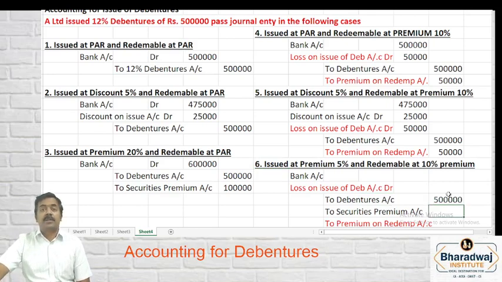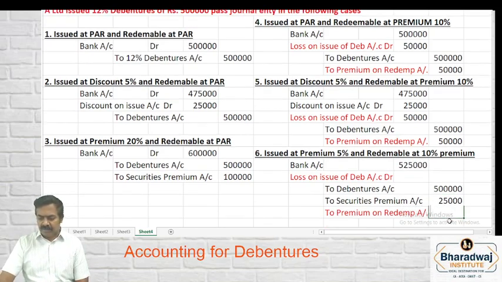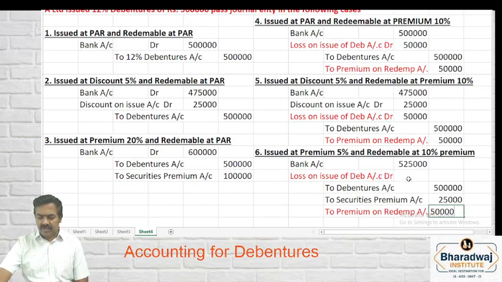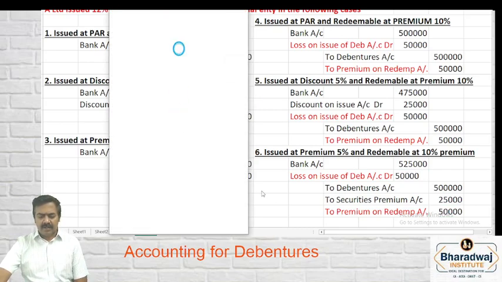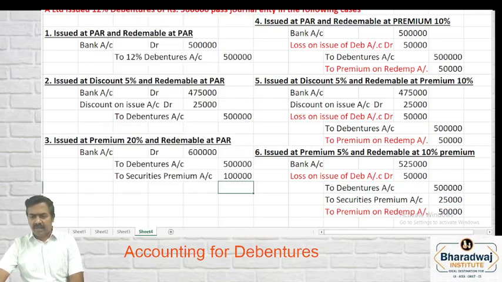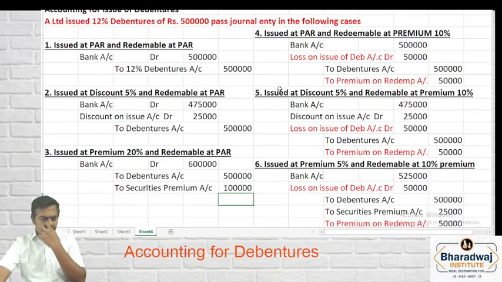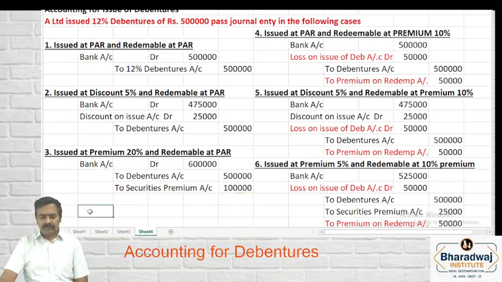It is issued at 5% premium, that is 25,000. What is the total amount you will collect? 5,25,000. So what is the premium on redemption? 50,000. That is equal to loss. Always premium on redemption is equal to loss on issue of debentures. Take up this.